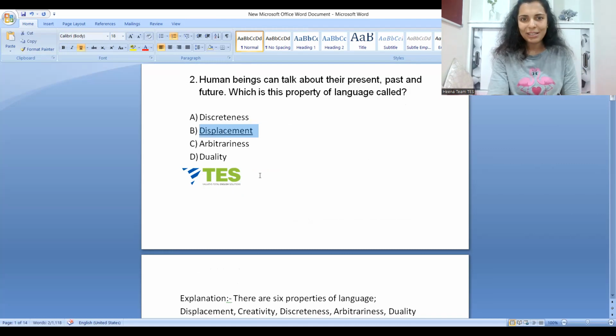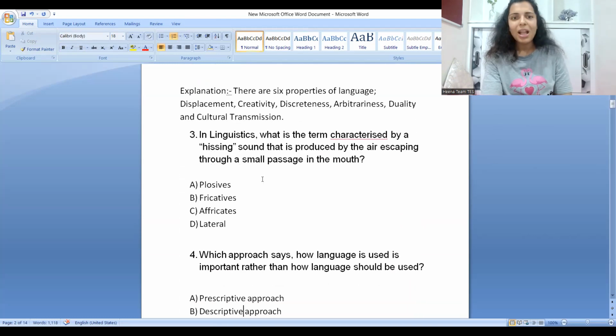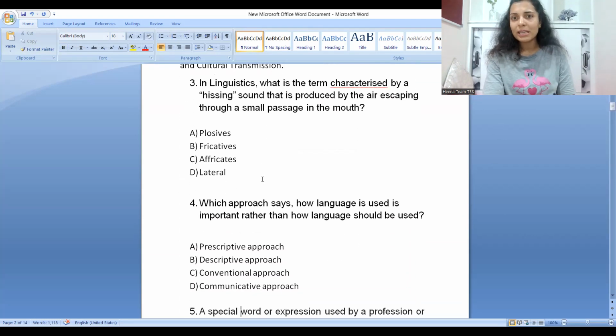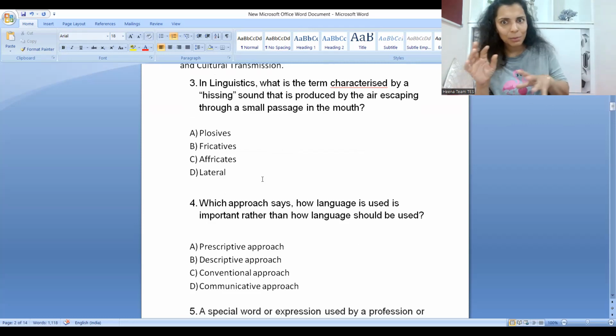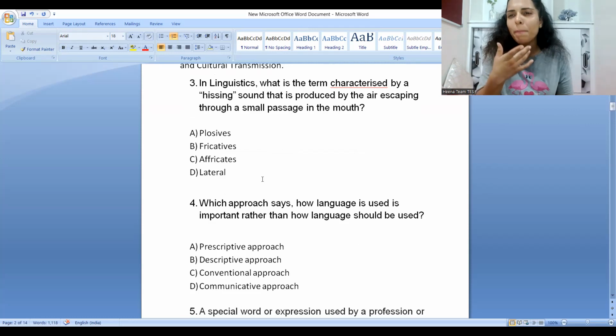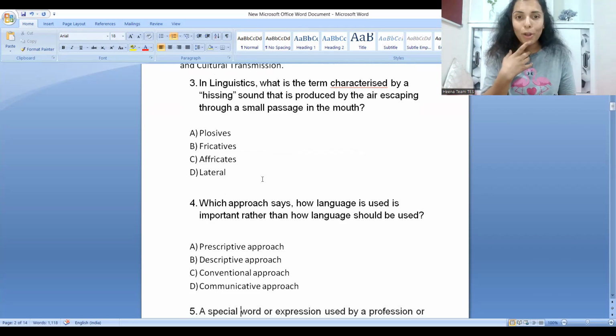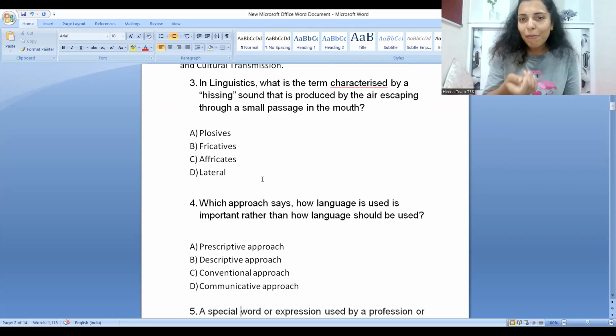Okay. Let's move on to question number 3 on your screens. In linguistics, what is the term characterized by a hissing sound that is produced by the air escaping through a small passage in the mouth? Okay, your options are A, plosives, B, fricatives, C, affricates, or D, lateral.